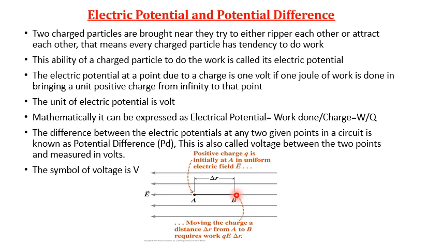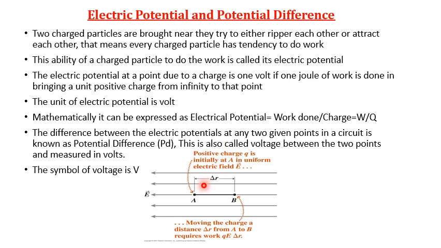So this charge can be moved from point A at a distance of delta R, the change in distance by which the charge is moved from point A to point B. The difference in these two potentials is called the potential difference.